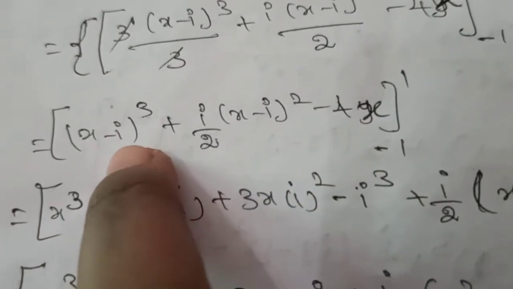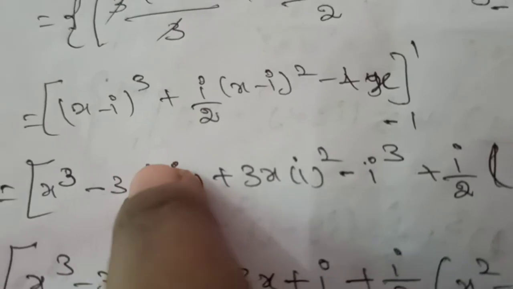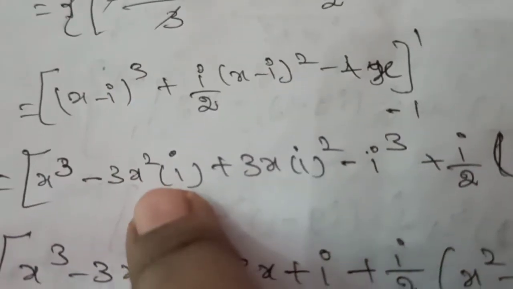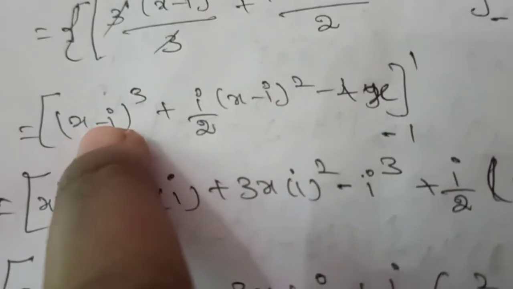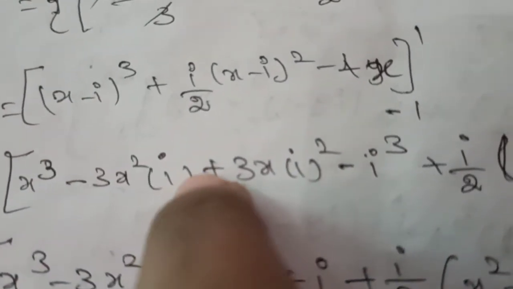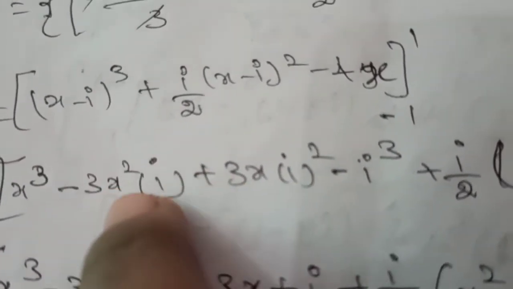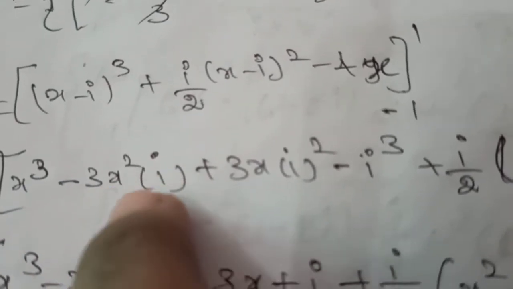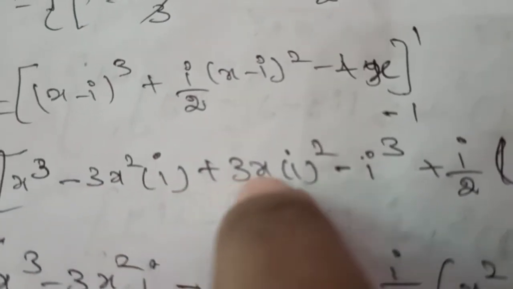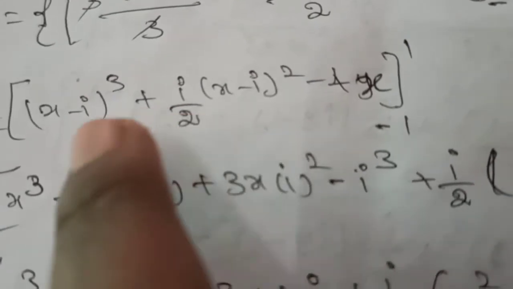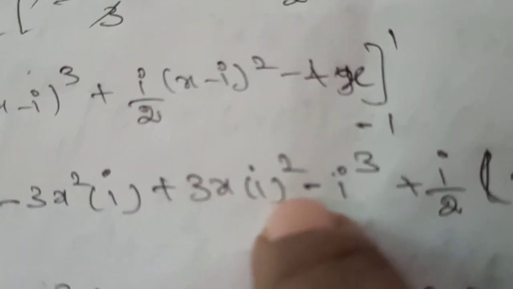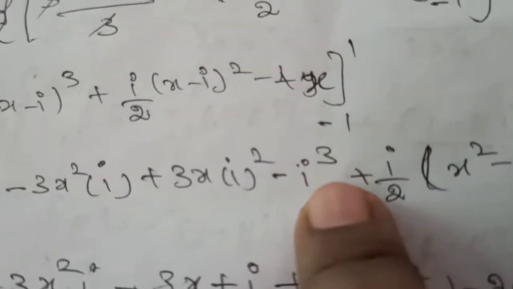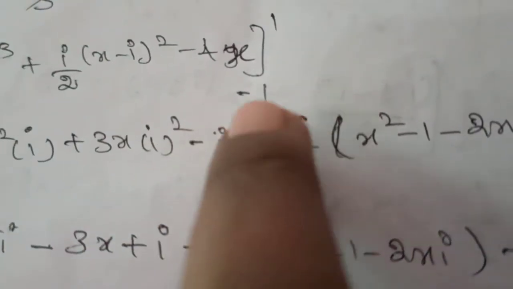Now using the a minus b the whole cube formula: a cube, that is x cube, minus 3a square b, that is minus 3x square into i, plus 3ab square, that is plus 3x into i square, minus b cube, that is minus i cube.